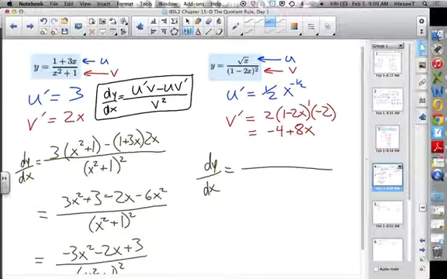All right, so this isn't really nice, but that's okay. 1/2 x to the negative 1/2 times v, 1 minus 2x squared, minus u, so make that x to the 1/2 times v prime, so that's a minus 4 plus 8x.